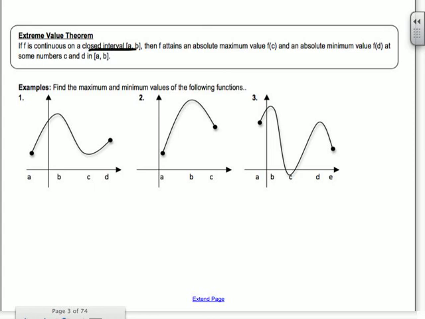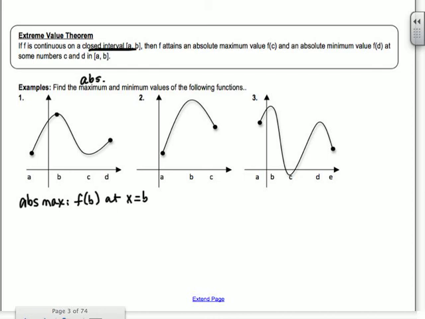All right, so 1. Find the maximum and minimum values of the following functions. So let's find the absolute maximum and minimum values. So what does it look like the absolute max is? Our absolute max would be right there. So it's going to be f of b at x equals b.